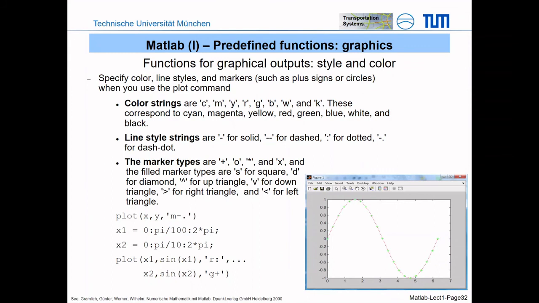If you don't want this, so if you want to define your own colors, then you can set it. You can set it with RGB codes, or you can use predefined strings, like these color strings. C means cyan, M means magenta, Y means yellow, and so on.